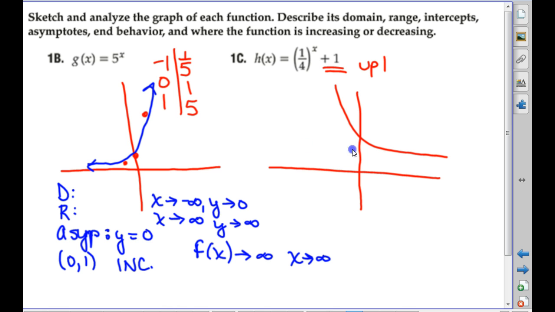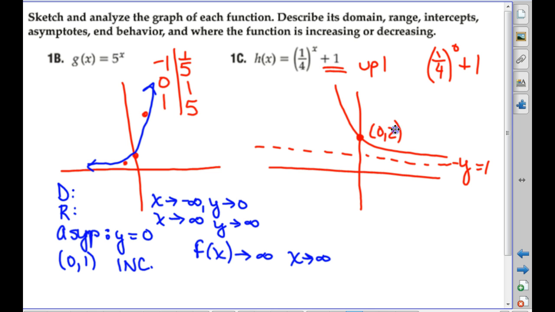It's going to look like this. The asymptote is going to be up here at 1. And it will cross at what? When you put in a 0, what is 1/4 to the 0 plus 1? Yeah, it's going to be 2, because this is going to become 1 plus 1 is 2.